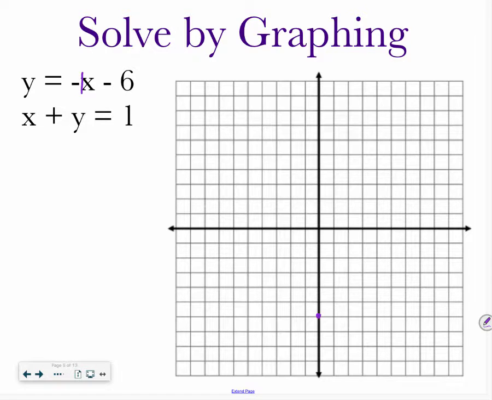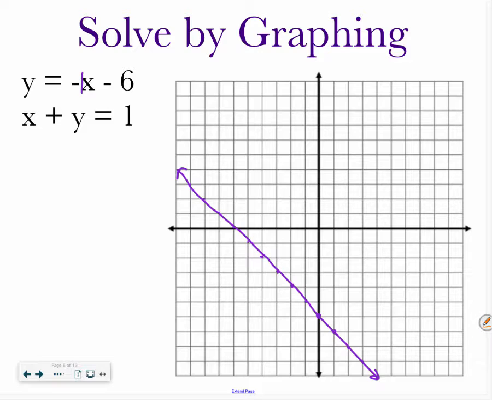So if I go down 1, right 1, that's going to give me a negative slope, or I can go up 1, left 1. And if I connect all of these, sorry, my lines are not the best today, there's my graph.